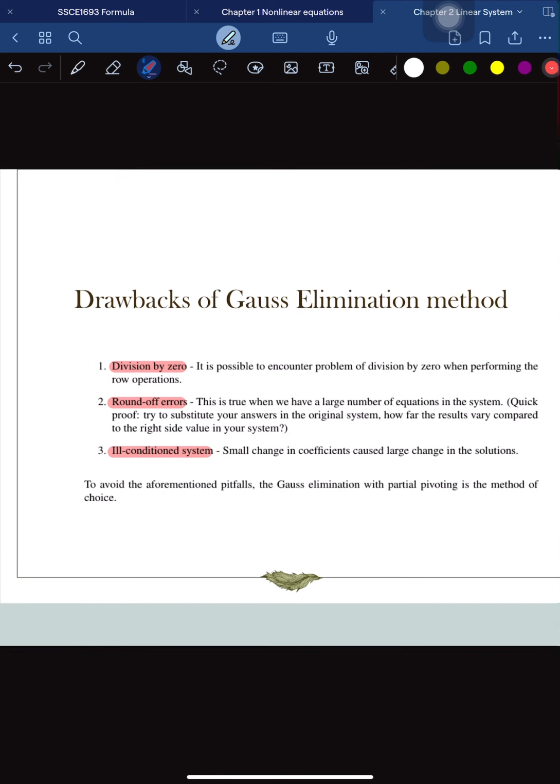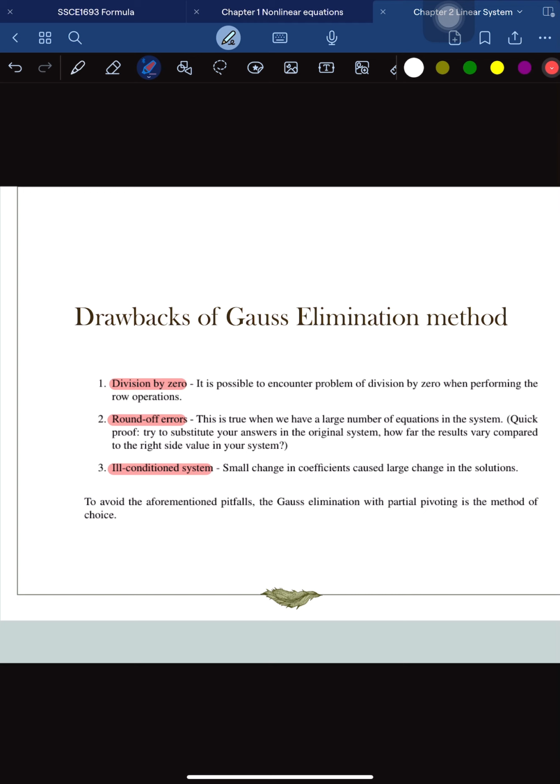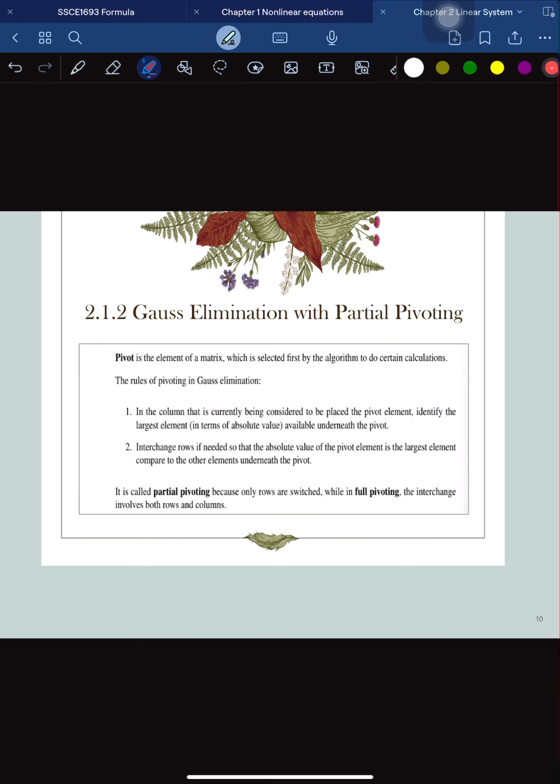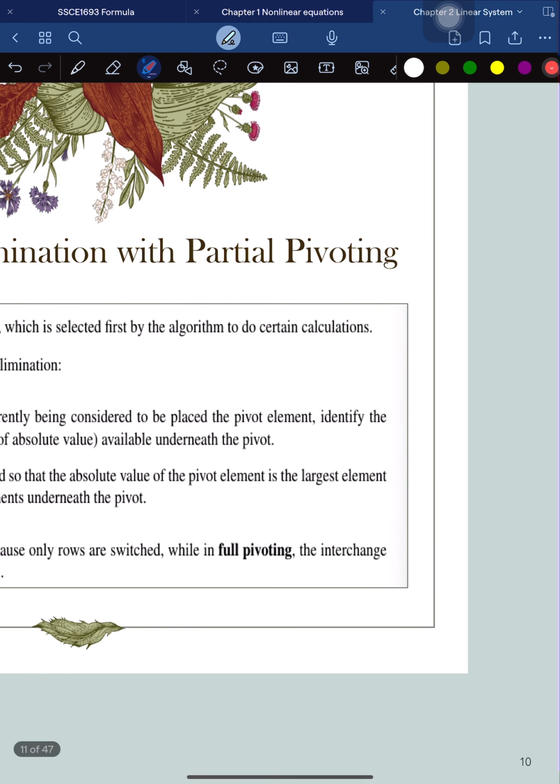Because of these drawbacks, we have one more method under the elimination methods, that is Gauss elimination with partial pivoting.